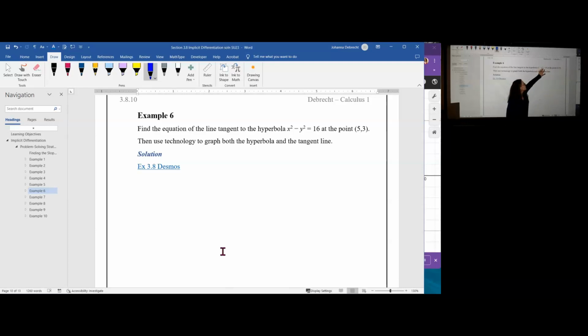You can verify that (5, 3) does lie on this curve. It is not, in fact, a function. I believe it opens left and right. So it's not a function, but it is a curve. Go ahead and pause the video, find the formula for the derivative and the slope of the tangent line, and turn it back on, and we'll compare our results and look at the graph.